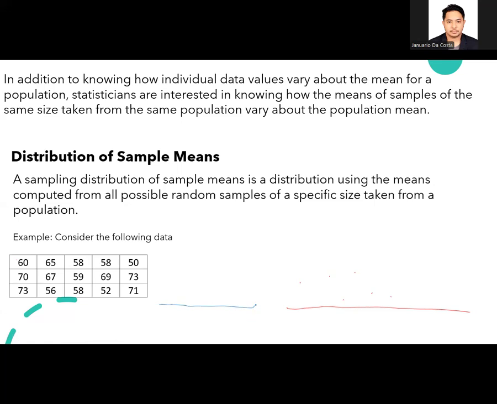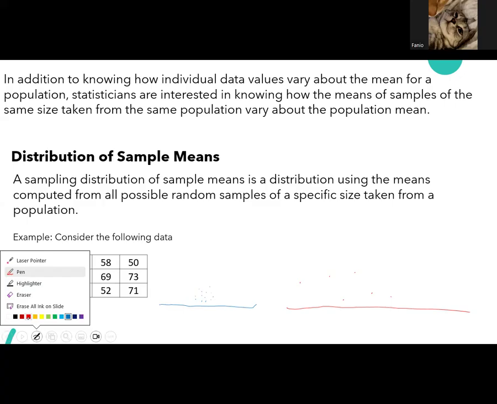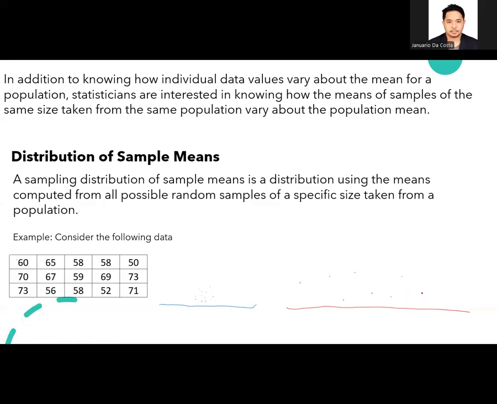Which one do you think has more standard deviation, the red one or the blue one? The red one. Why? Because the data are more spread out.